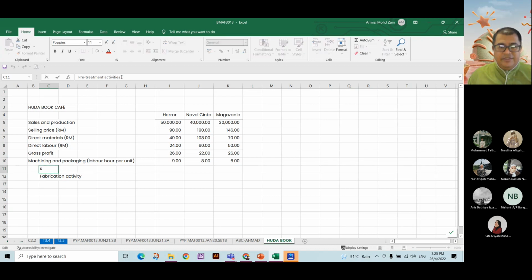Treatment activity ke department ke semua boleh. And then ada post treatment activity. Then dia ada packaging and optical test. And then dia ada final packaging.